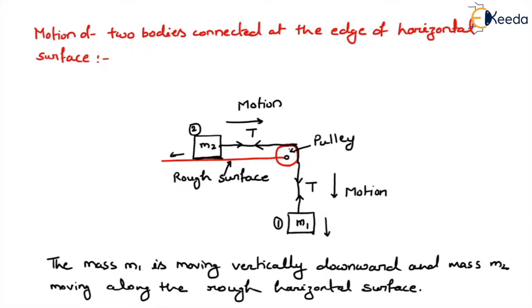So this pressure we will define by the vectorial sum of tension at this side and at this side. And since the tension is same throughout, we are considering T1 and T2 tension at both the sides, and the vectorial sum of both the tensions is the pressure on the pulley.